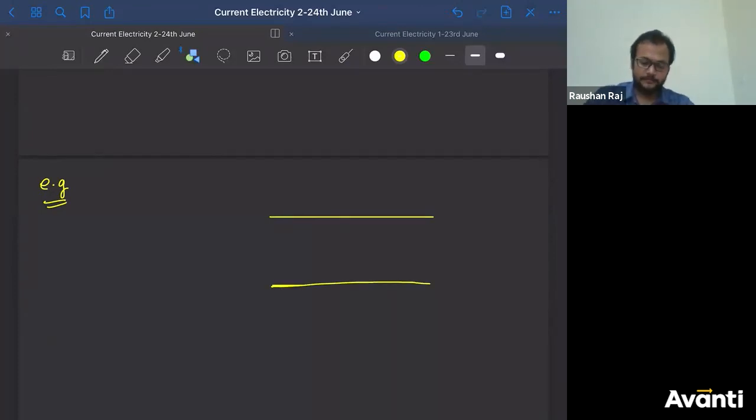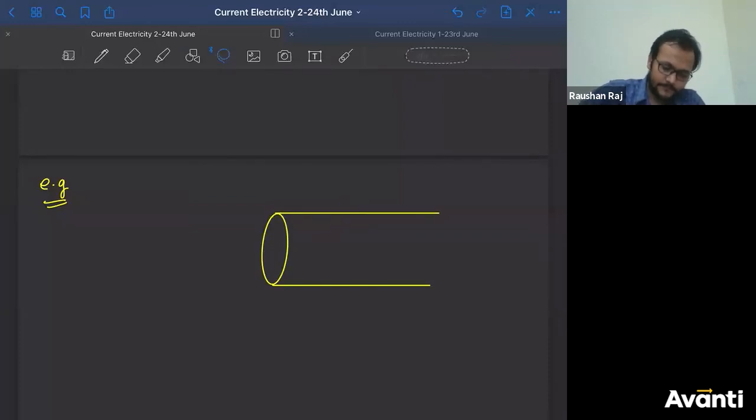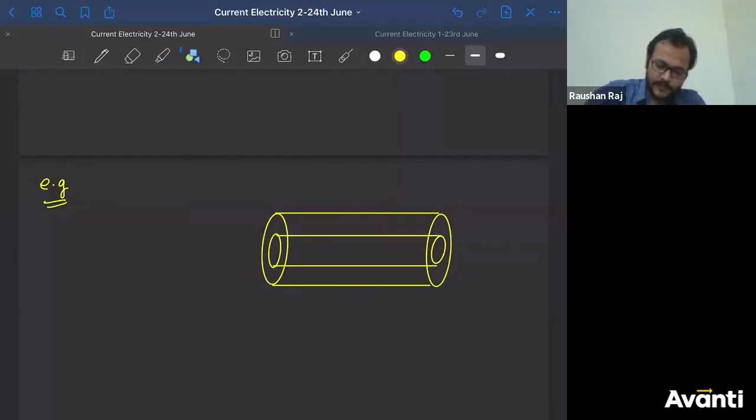If you're having a hollow cylinder like this, okay, इसको ऐसे join कर दो.